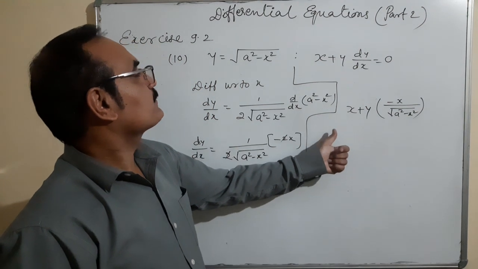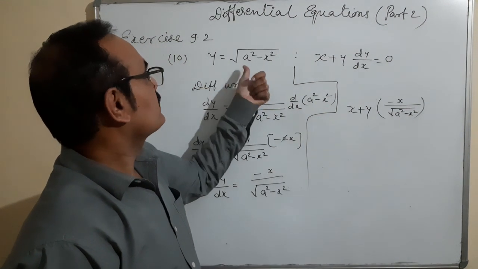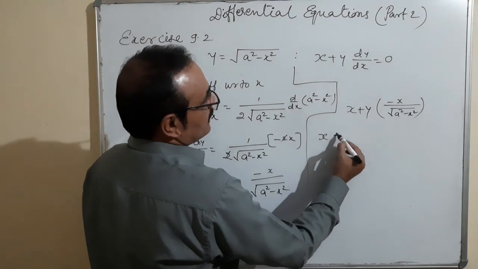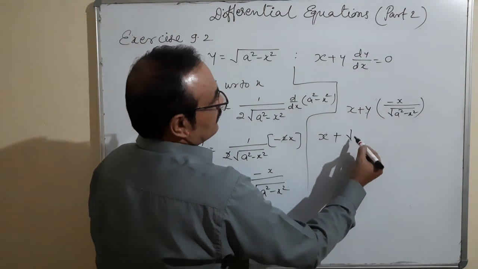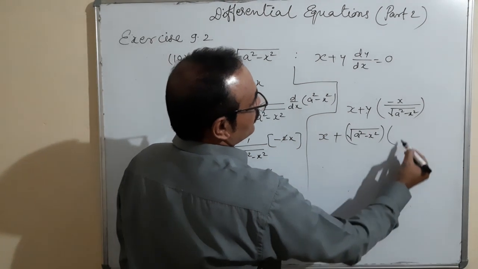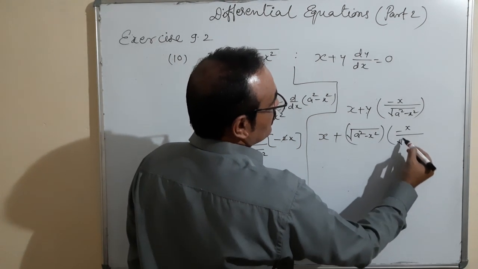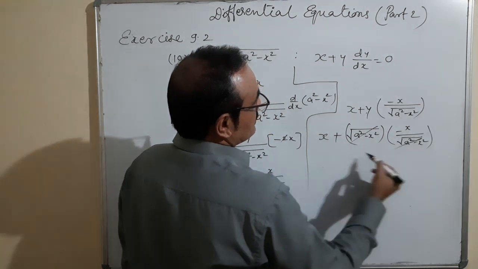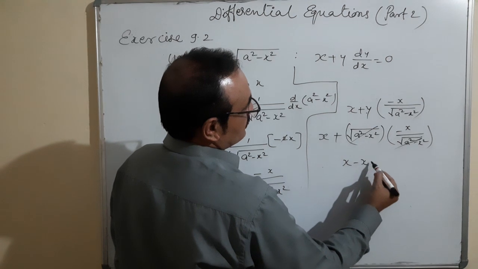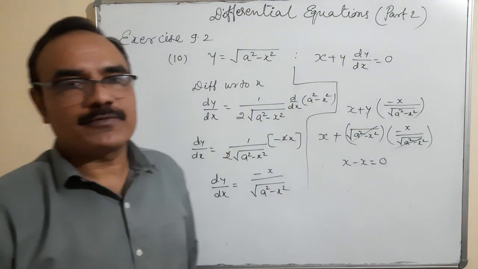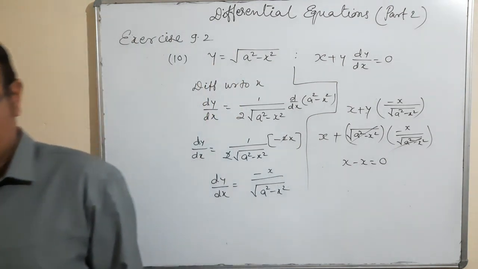Let us do one thing: because the value of y is root a square minus x square, we substitute here x plus root a square minus x square into minus x upon under root a square minus x square. So the terms cancel. X minus x is equal to 0. That means this function is a solution of the differential equation.